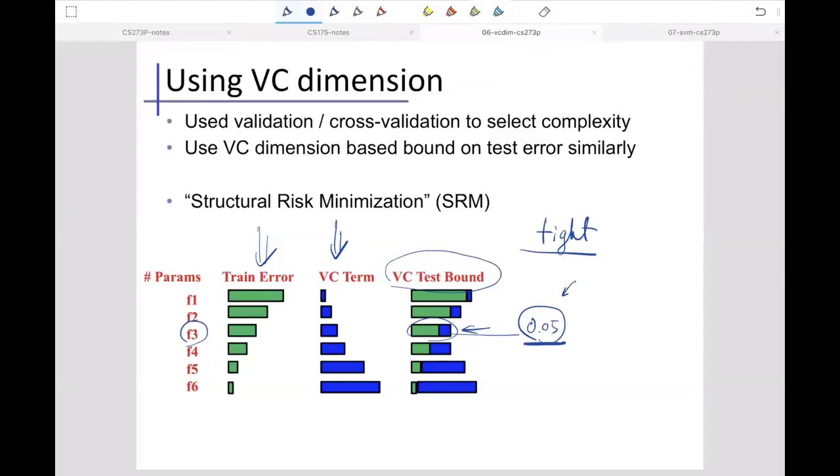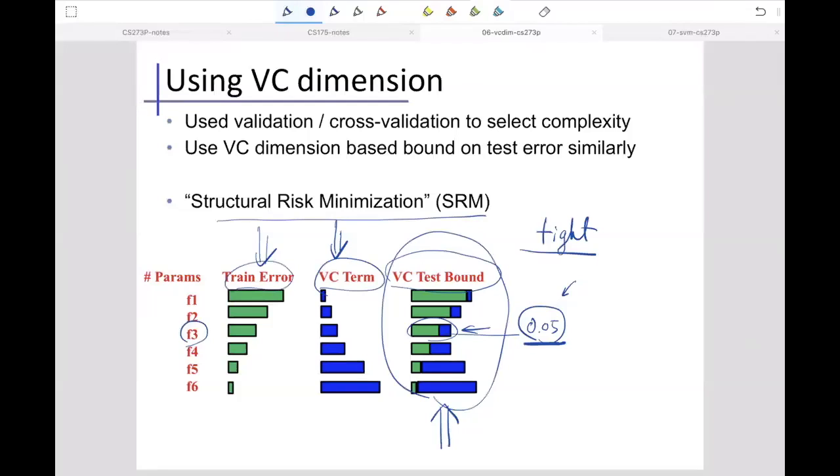And then other people propose choosing the models by minimizing these terms altogether: not only the training errors, plus an additional term from the VC terms. This type of framework is called structural risk minimization, SRM.